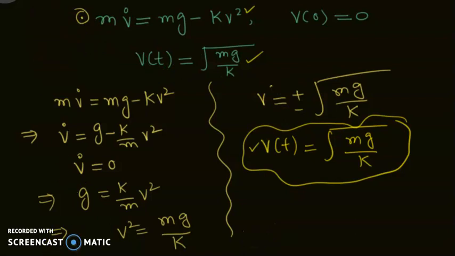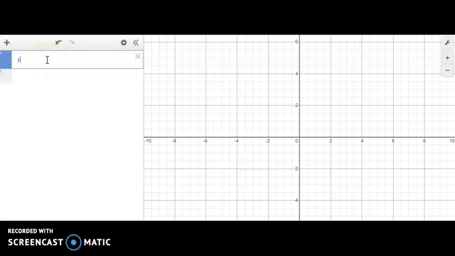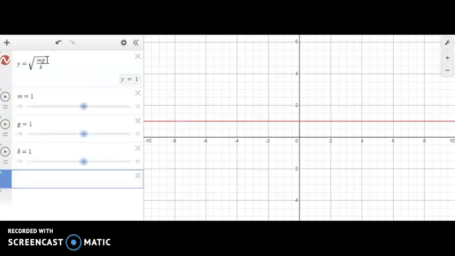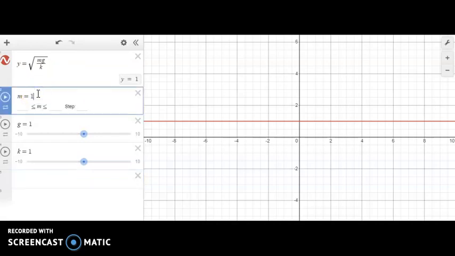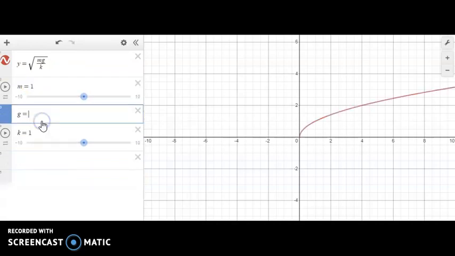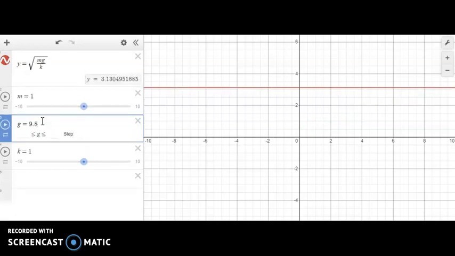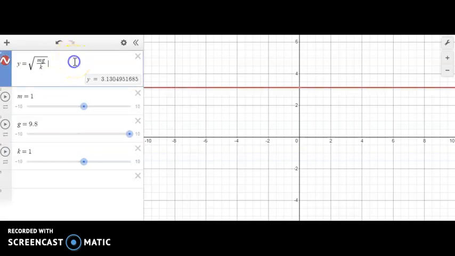Now we can see what is happening to trajectories on Desmos. Let's first plot the so-called fixed point, or equilibrium point, of the differential equation, that is the square root of mg over k, where m is, let's say, 1, and g is 9.8, for example, the acceleration due to gravity, and k, let's say for the moment, is also 1.